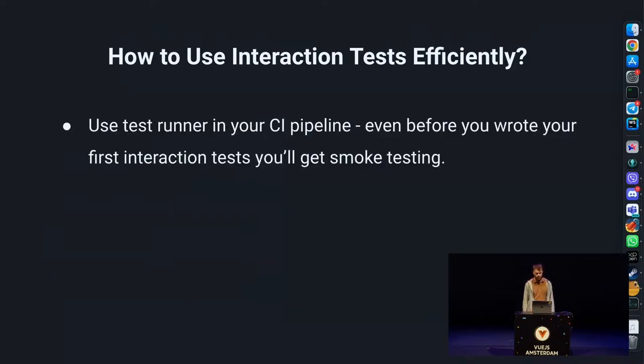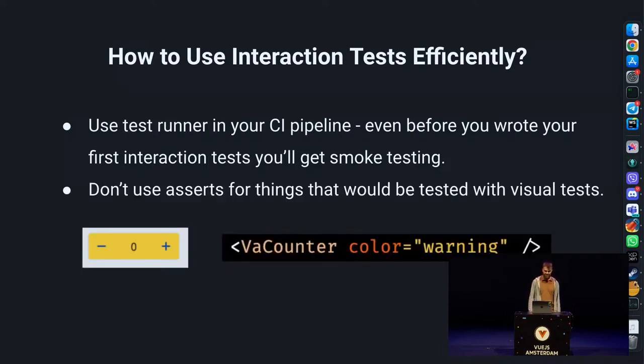So how can we use interaction tests efficiently? You can use the test runner before you write your first interaction test. I said this before, sorry. I also think it's sometimes possible to cheat a bit with the asserts, because visual testing gives you a good indication of how props behave.